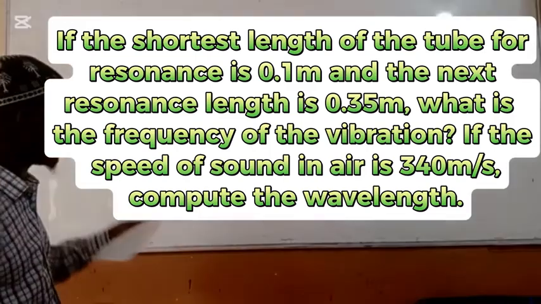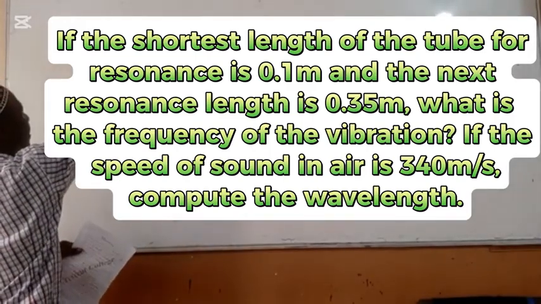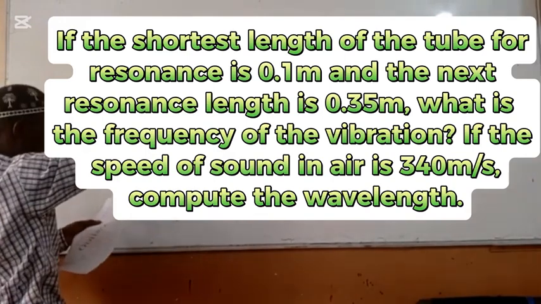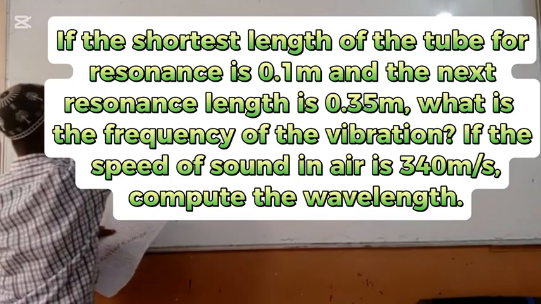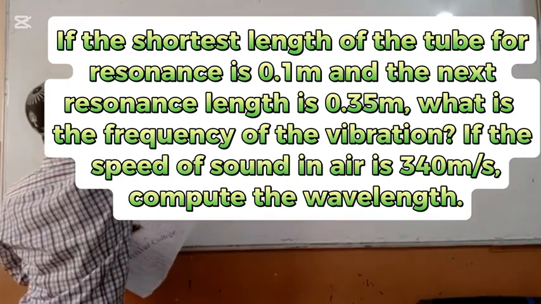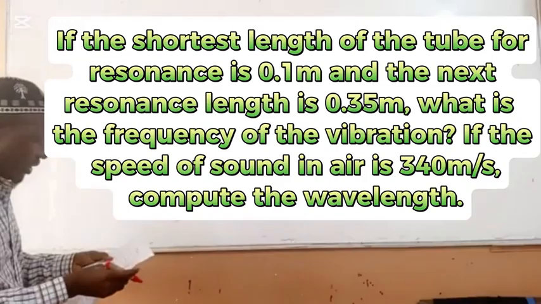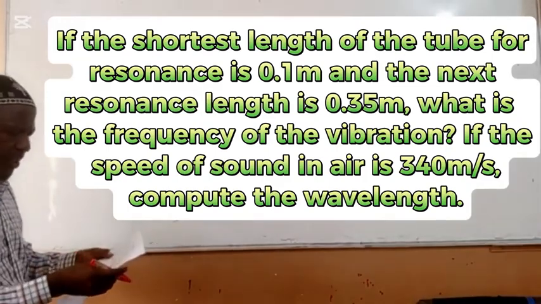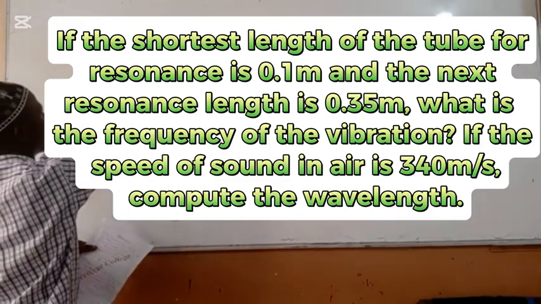So in that case, from the question, they gave us L1 is equal to 0.1 and L2 is equal to 0.35. Then they gave us the speed, V is equal to 340 meter per second.